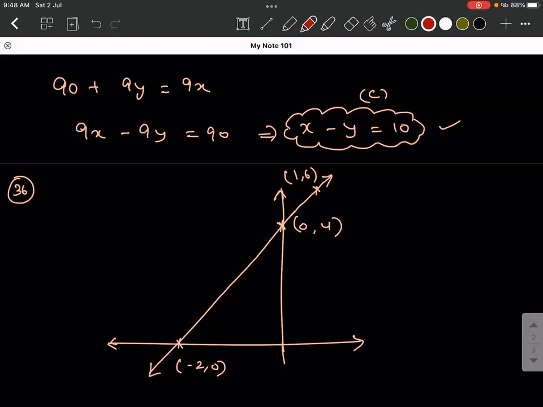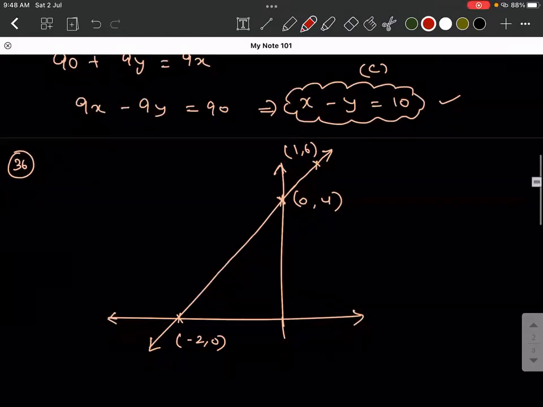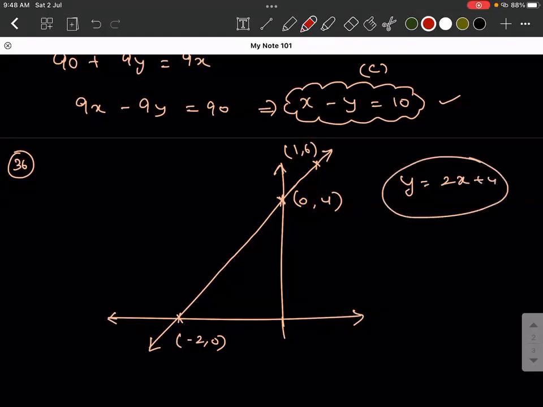Which equation represents this line? You have no other option. You have to substitute and check. See, there is a way to find it, but that concept is not a part of your syllabus. You already found it. So which one satisfies? You can substitute any one of the points.